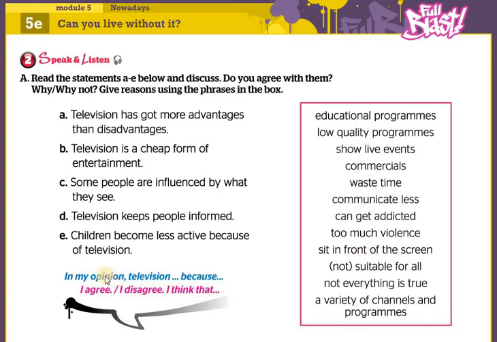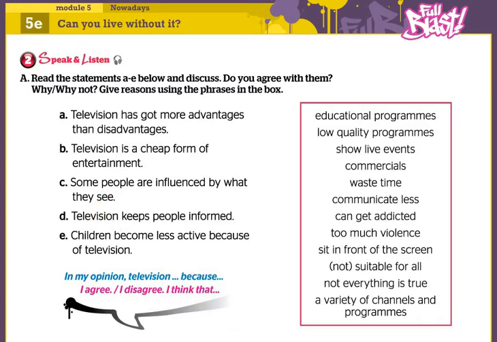For example, in my opinion, television has got more advantages than disadvantages because, and you are going to justify with one of these phrases. For example, it has got more advantages than disadvantages because it contains educational programs, right? So try to do the same. All the sentences, give your opinion about them.